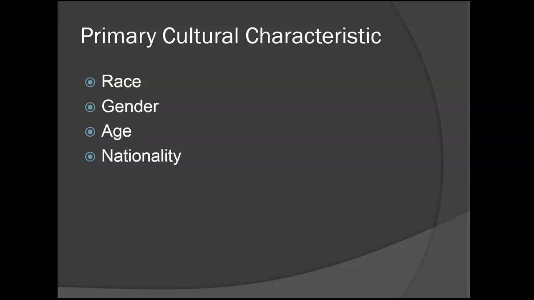Your primary cultural characteristics are race and ethnicity, gender, age, and nationality. We're going to touch base on all of these. There are secondary characteristics as well. That can be place of residence, sexual orientation, socioeconomic status, occupation, and religion, just to name a few.